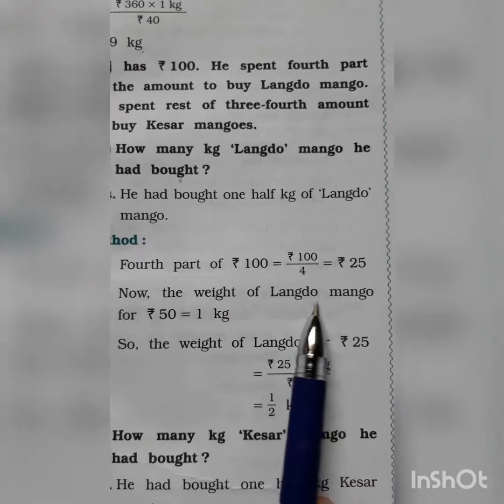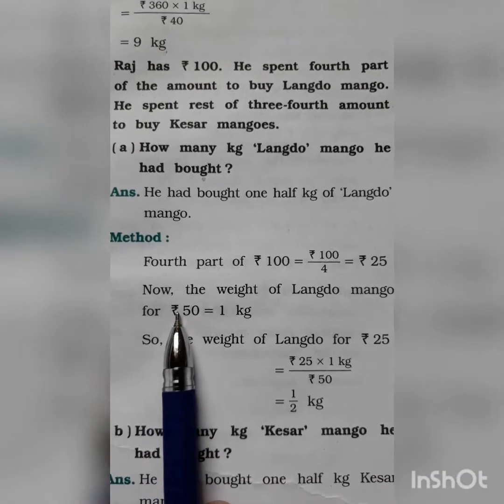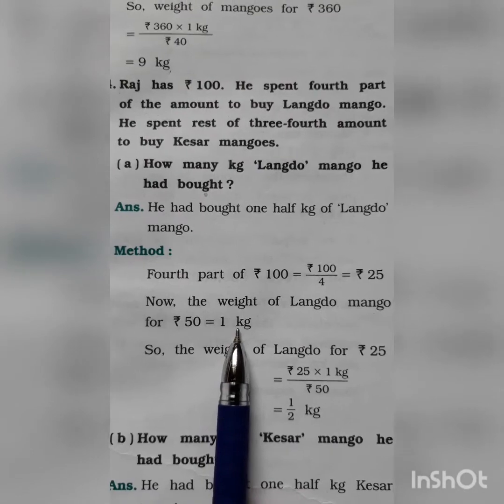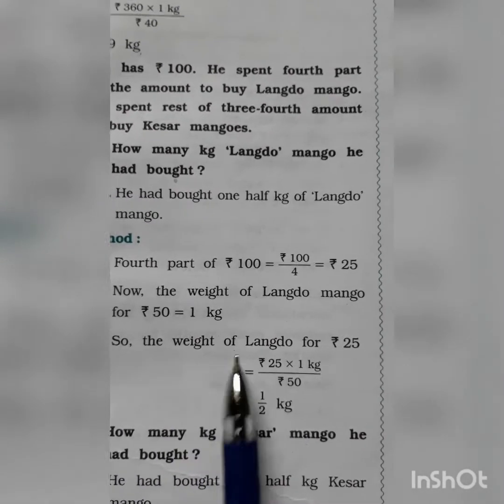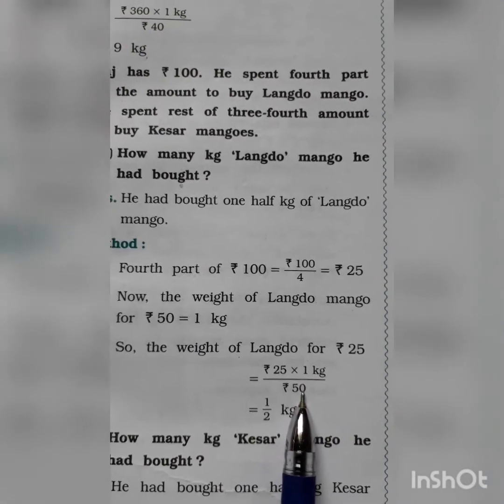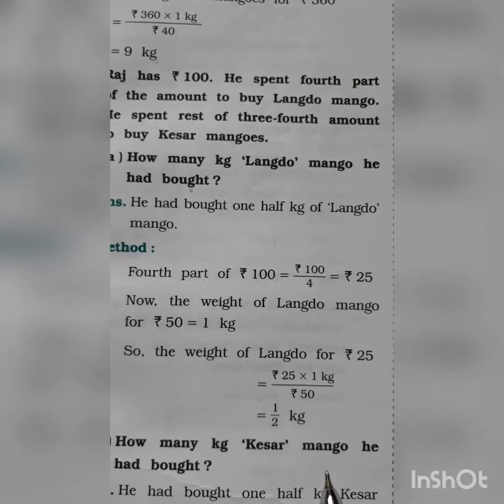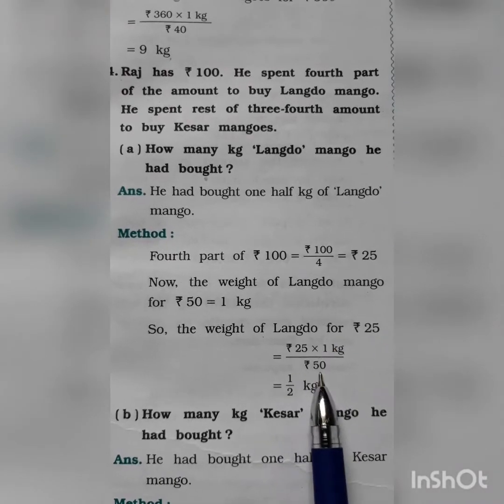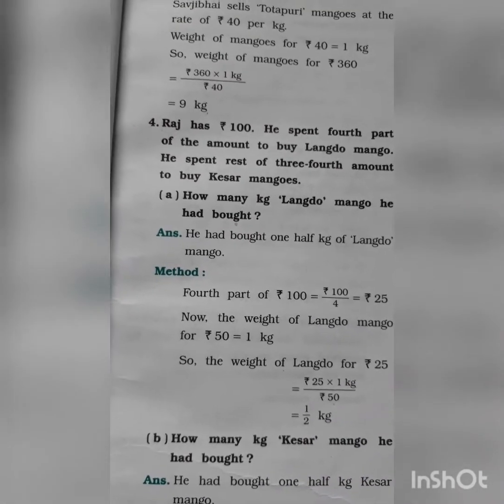Now the weight of Langro mango for rupees 50 is 1 kg. Right? So the weight of Langro for rupees 25 is equal to 25 multiplied by 1 kg divided by 50. How? See, 25 divided by 50.